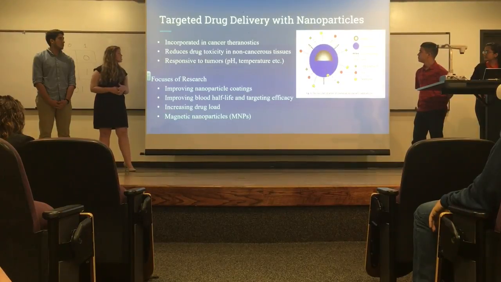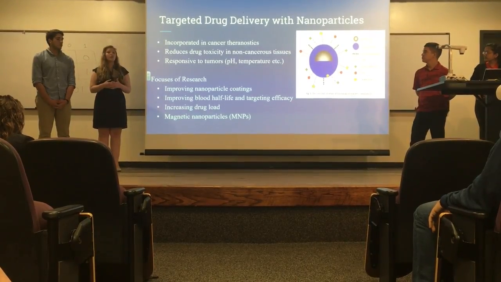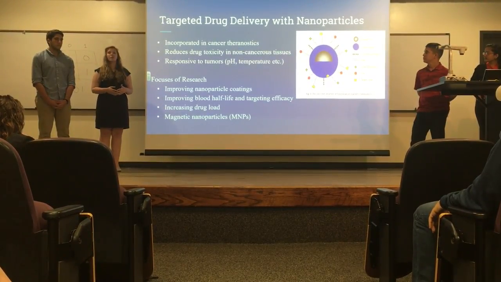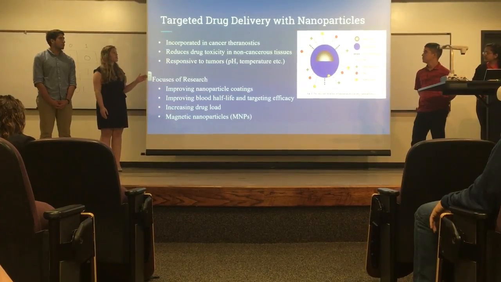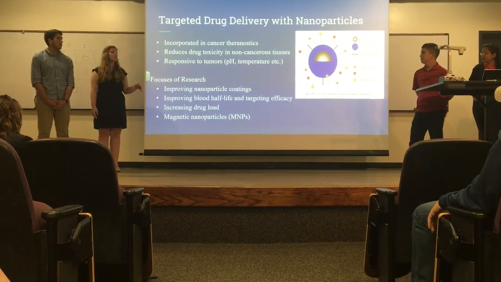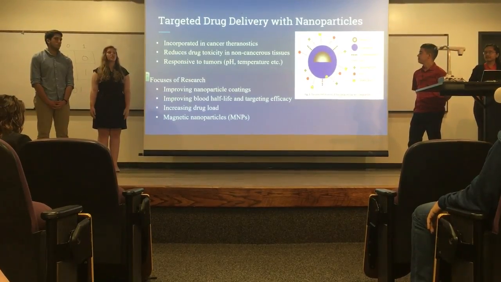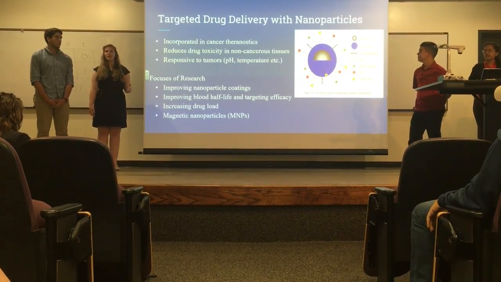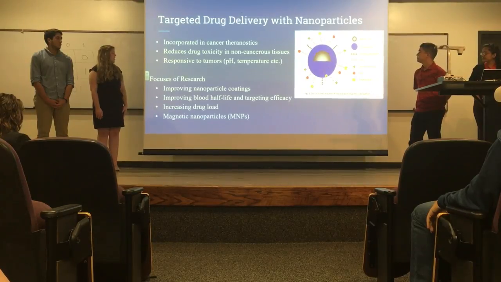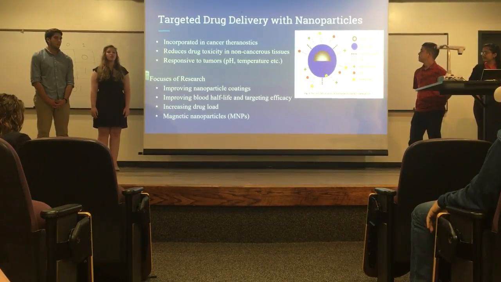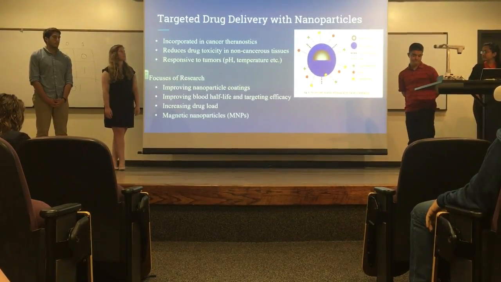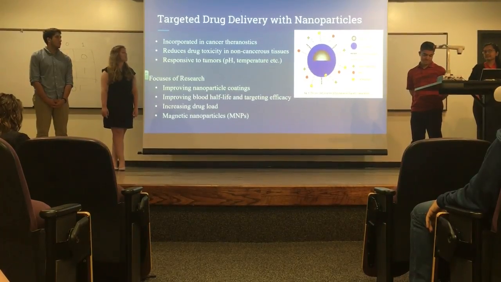The main focuses are in improving the coatings by actually using natural cell membranes, which allow the nanoparticles to stay in circulation longer, thus increasing their blood half-life. So the longer that they stay in circulation, the more likely they are to accumulate in cancerous tissues. And another focus is increasing the drug load. The main drug that is being tested with nanoparticles is doxorubicin.